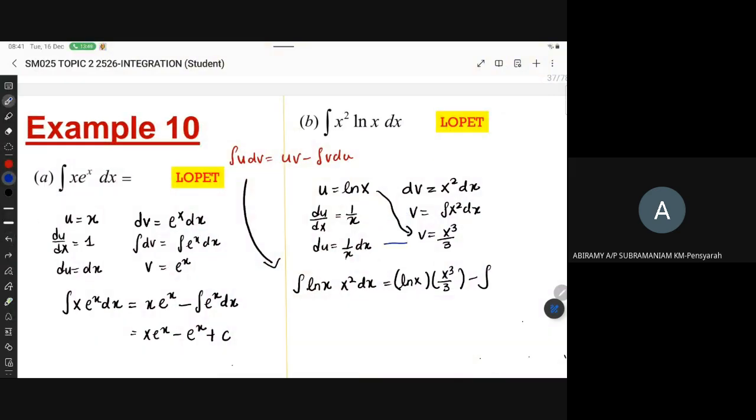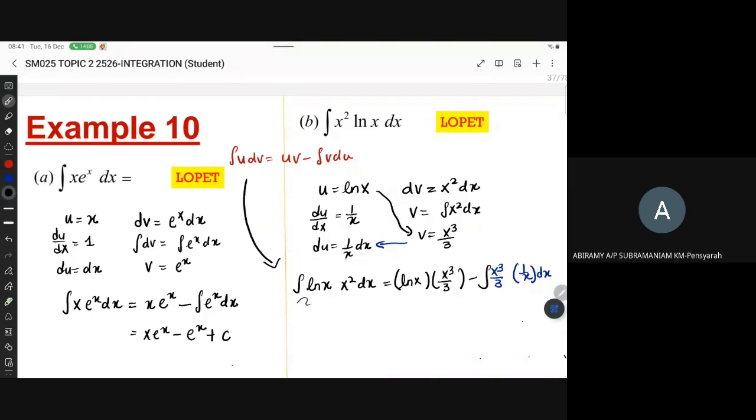V multiply du, v is x cubed over 3 multiply du, du is 1 over x dx. Okay, so this is key into the formula of by parts.